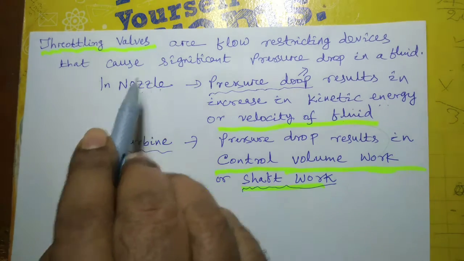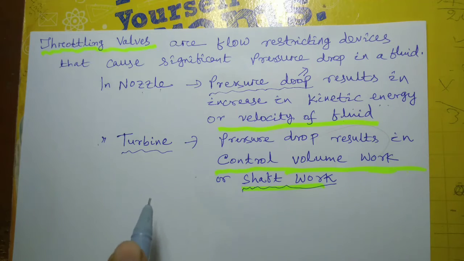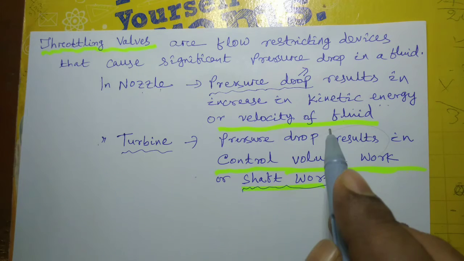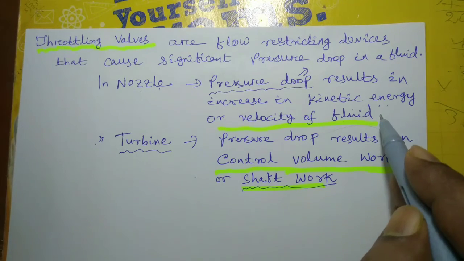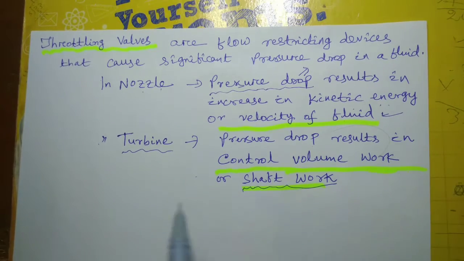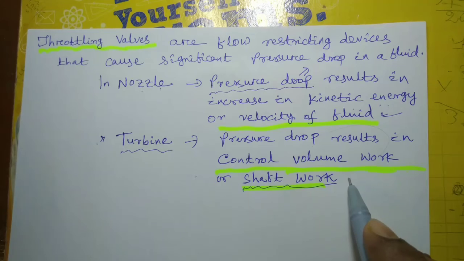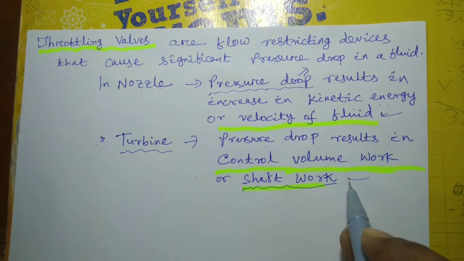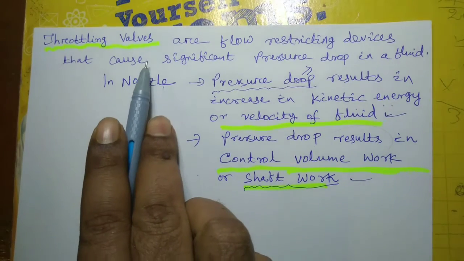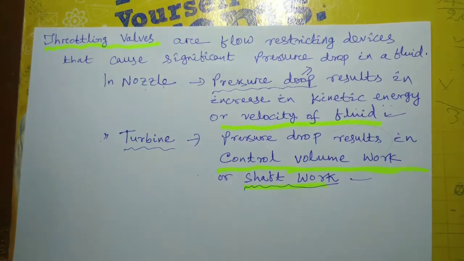But in both these devices, the nozzle and the turbine, the pressure drop results in some increase in kinetic energy in the nozzle, and in the turbine it produces some shaft work or control volume work. But in the case of throttling valves, neither any useful work nor any increase in kinetic energy is produced.